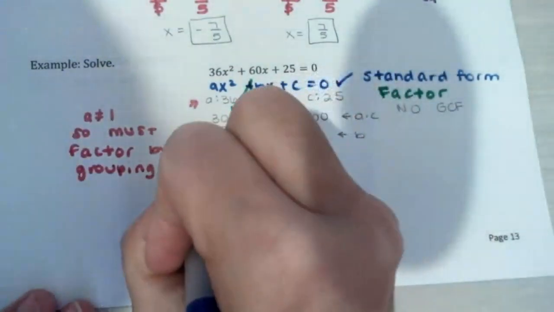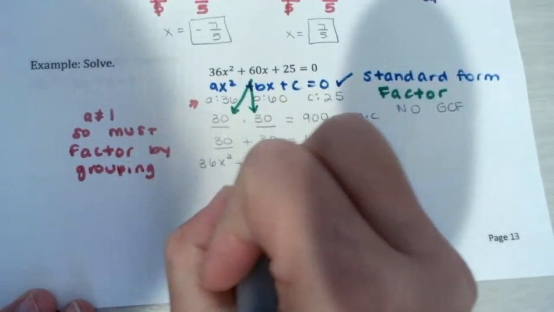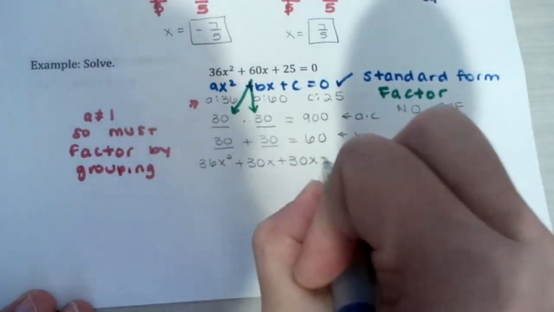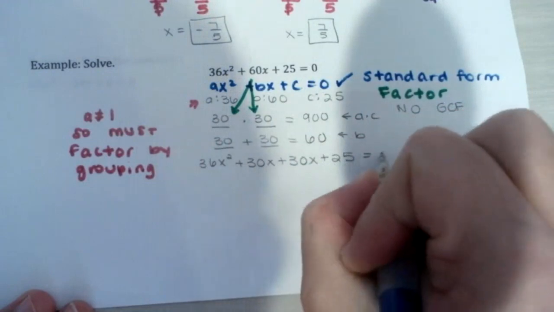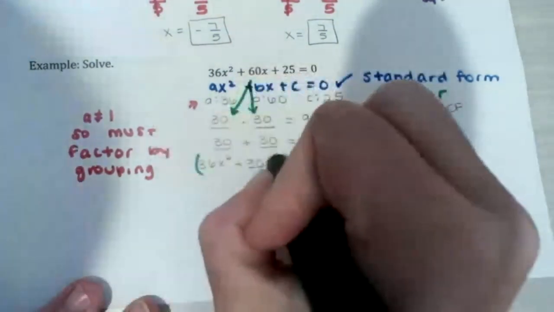So we have 36x squared. Instead of 60x, we're going to split it up using our numbers in our blanks. So plus 30x plus 30x plus 25 equals 0. So now we have 4 terms. So now we can group the first two, group the last two.